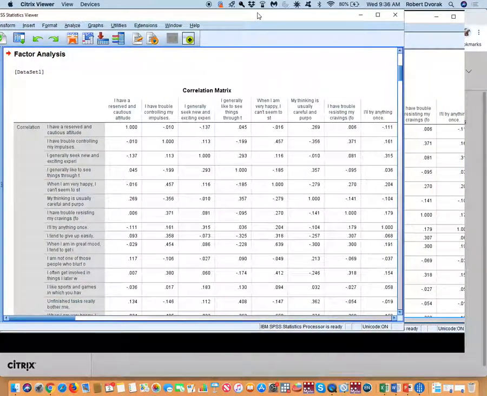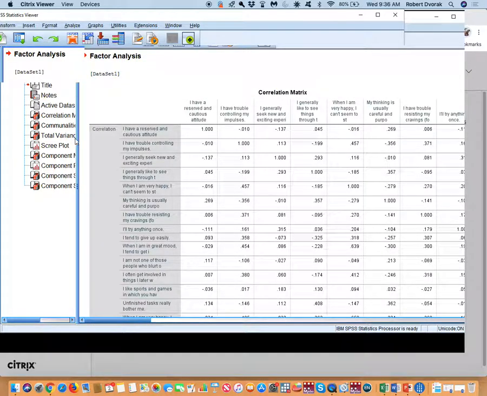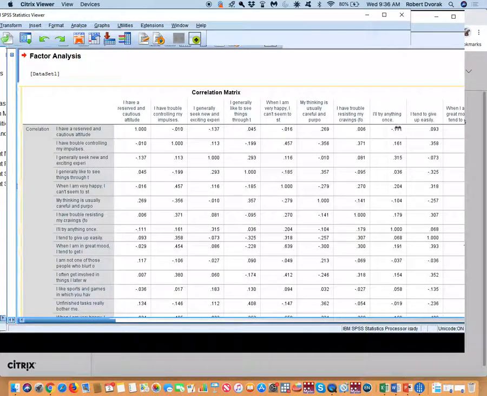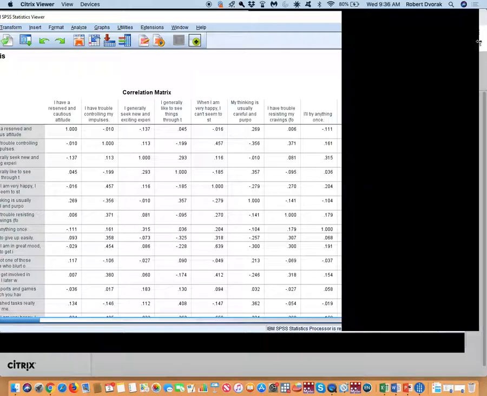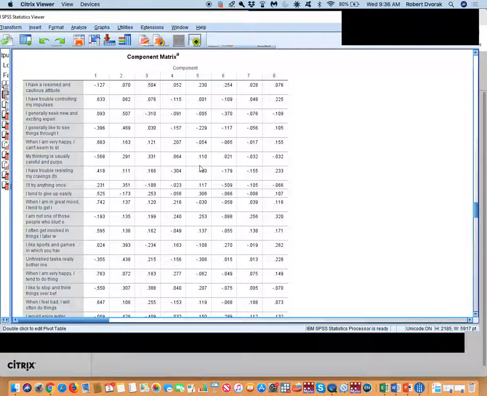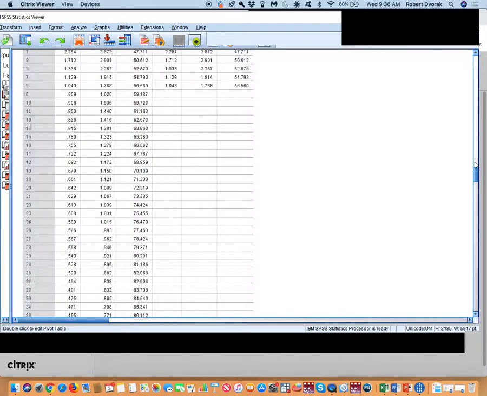Is that what you want me to do? And like the little blue bar, you can drag it to the left. Oh, this guy here. All right. Oh, I hate SPSS. All right, so I'm just going to click in here and then scroll through. Oh, there we go. So, oh, that went fast.